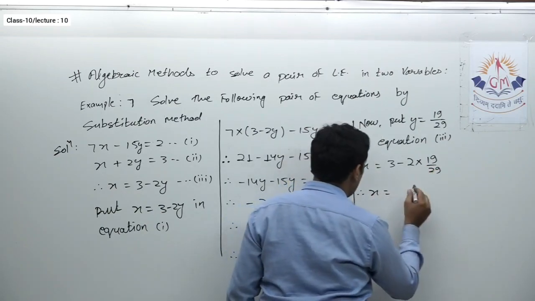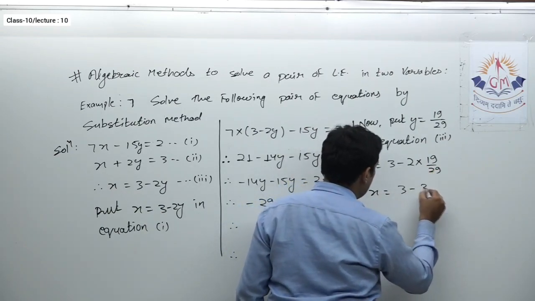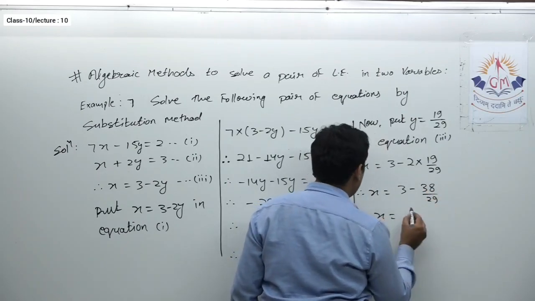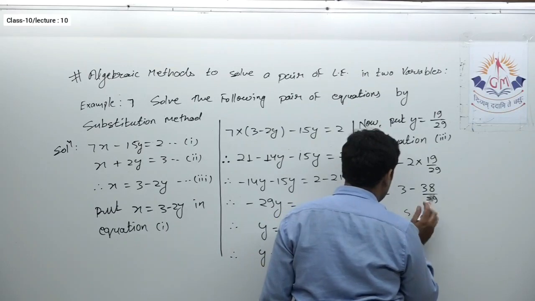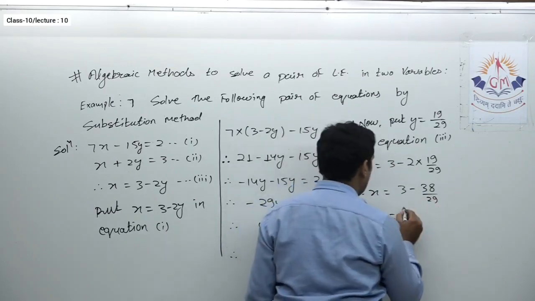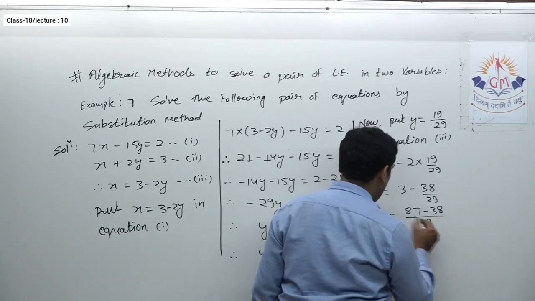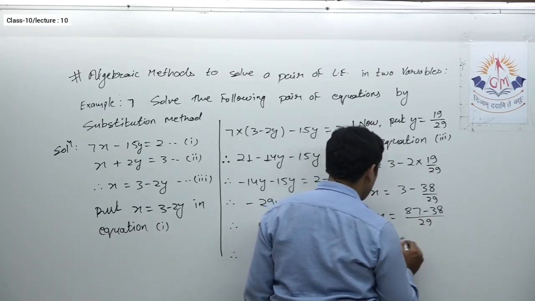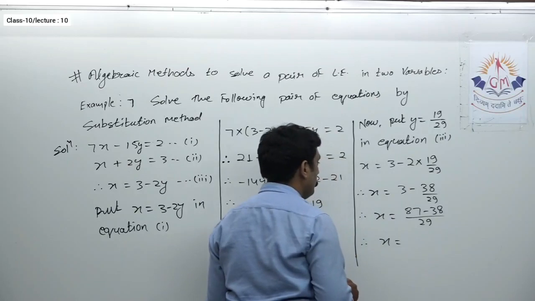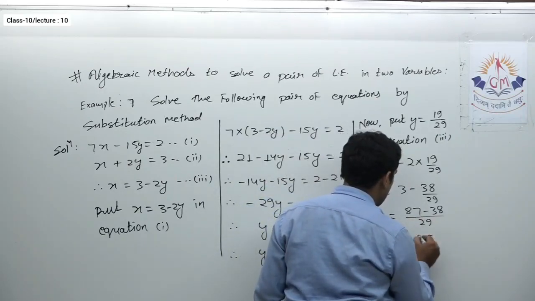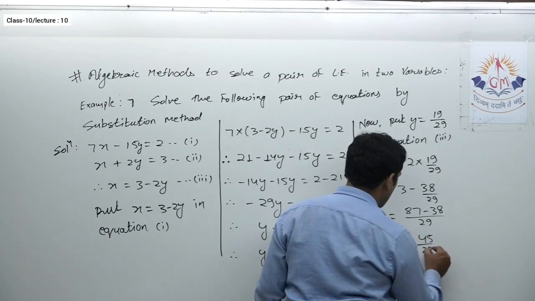So x is equal to, this will become 3 minus 38 upon 29. So this will become x equal to 87 minus 38 upon 29. So x is equal to 45 upon 29.